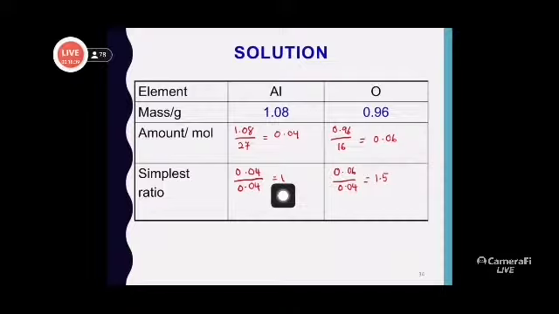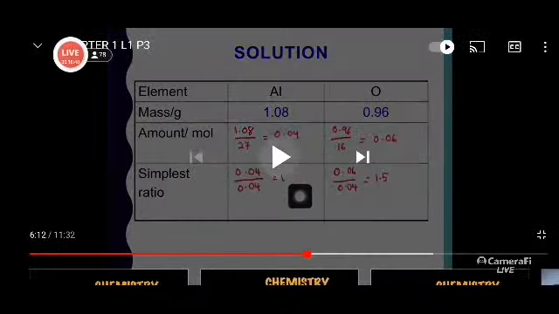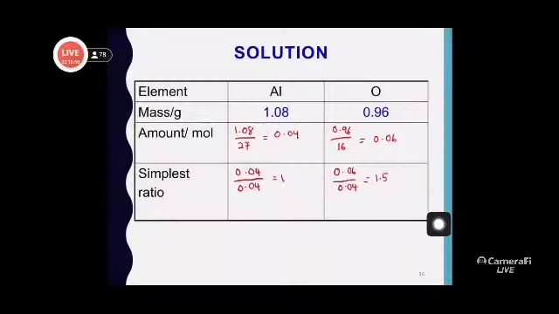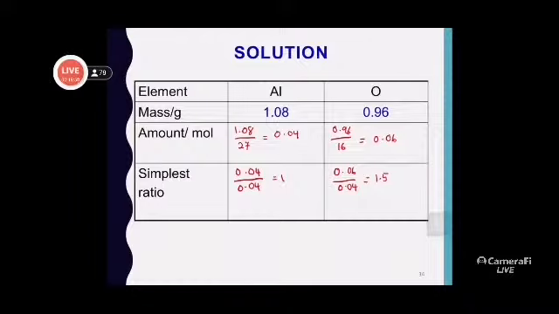Okay, so macam mana kita nak jadikan dia dalam bentuk bulat? Sama ada kita nak bundar ke apa? Okay, so kita tengok macam mana dia buat. Is 1 and 1.5, you cannot round off the answer to the closest integer. Okay. So what you should do is you have to find the lowest common factor between these two numbers.